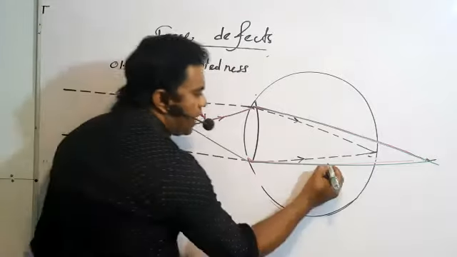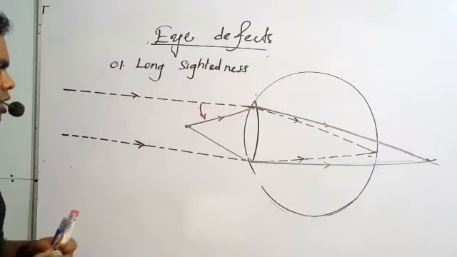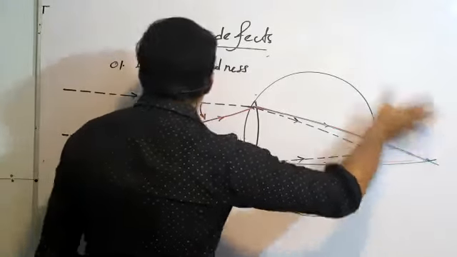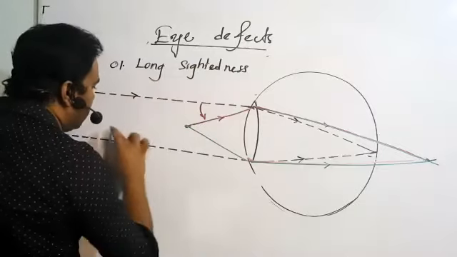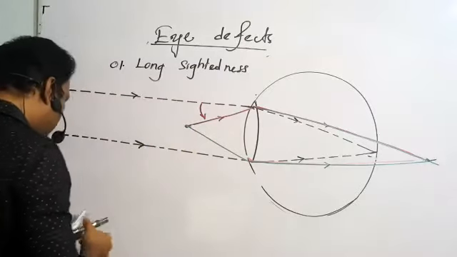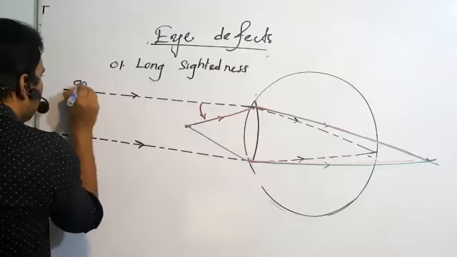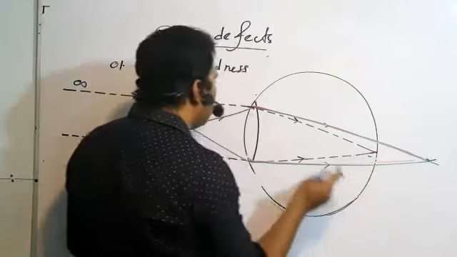Who can understand the way of drawing the ray diagram? Nearby objects become blurred because of this. By using the name long-sightedness, we make two parallel lines as they are coming from far away, from infinity. So we can clearly draw that.